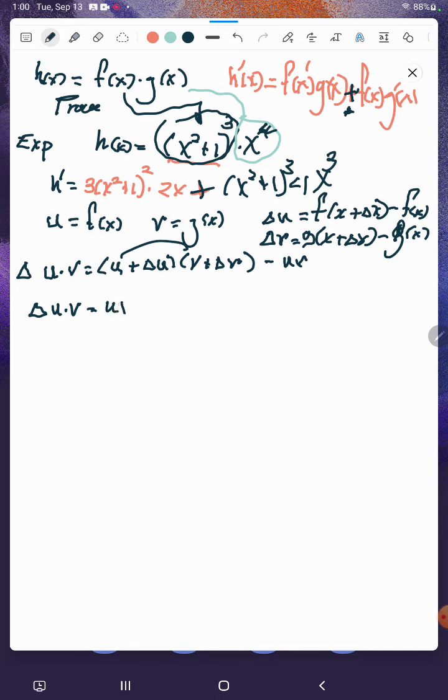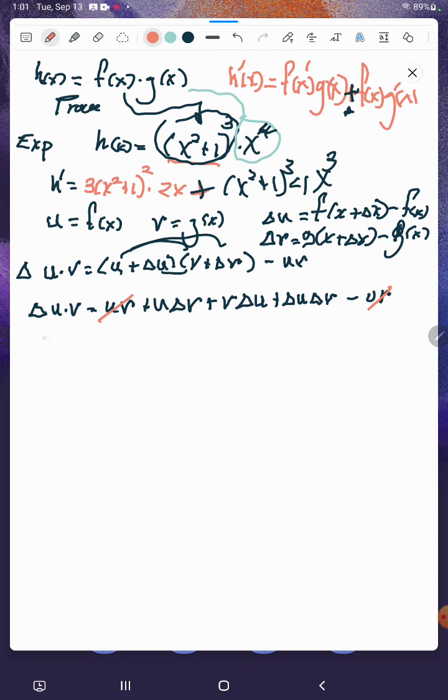Which is just U times V. And then the other one, this times that, will be plus U times the change in V. And then that's going to be V times a little change in U. And then finally at the very back here, I'm going to have the change in U times the change in V, and then minus UV. But that's kind of handy because this guy here will subtract out with this guy, right?